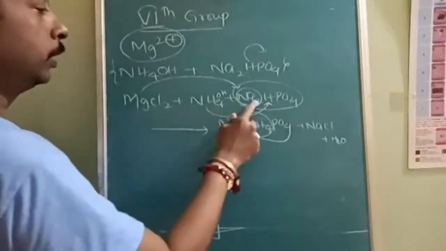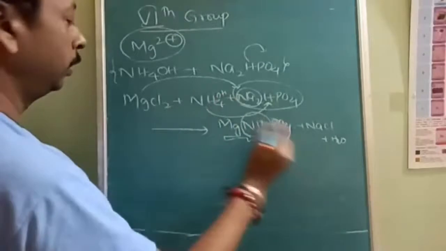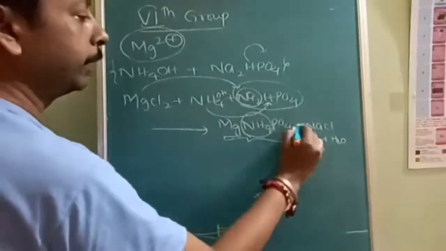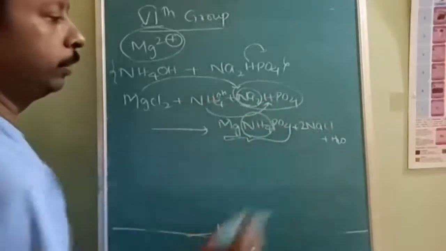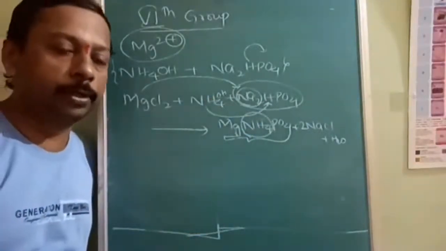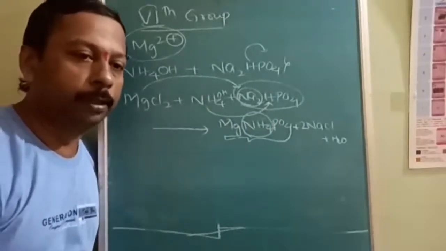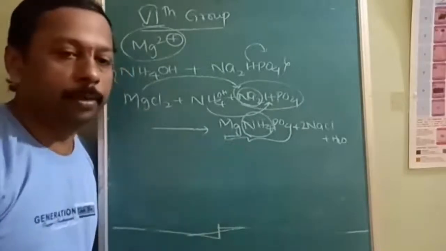Sodium and chlorine give sodium chloride, and for balancing we can write 2NaCl. The hydrogen and OH will be converted into H2O. This is the identification of the sixth group. This is called ash.